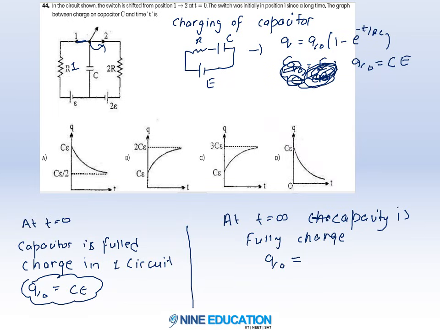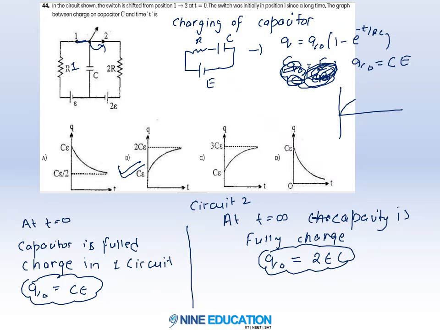This is for circuit 1, this is for circuit 2. Q naught becomes 2EC, and this charge will grow exponentially. So the correct answer is this. The graph of charging of a capacitor is this. This is Q naught. So this is the correct graph.